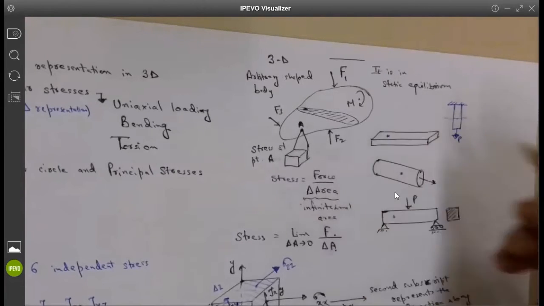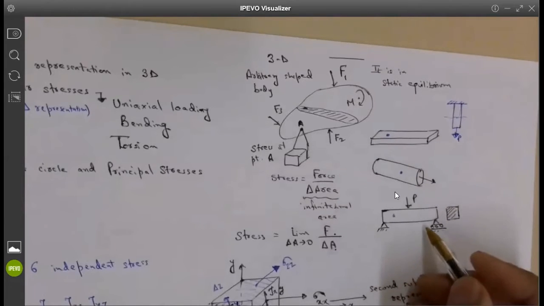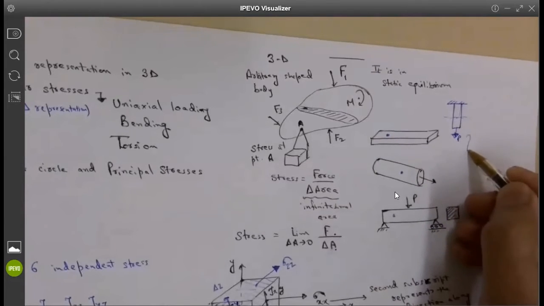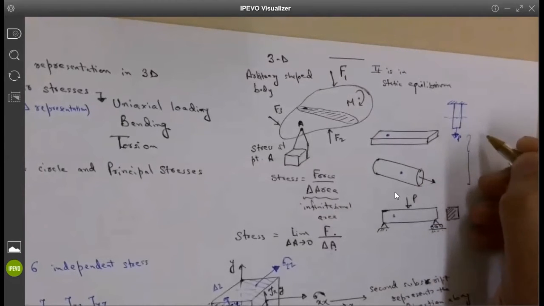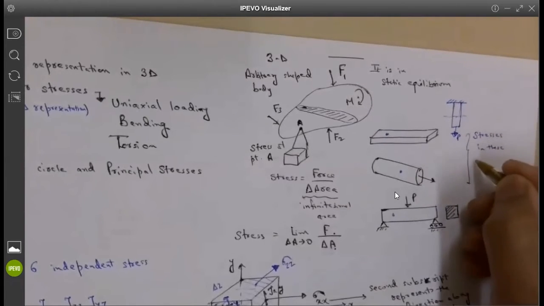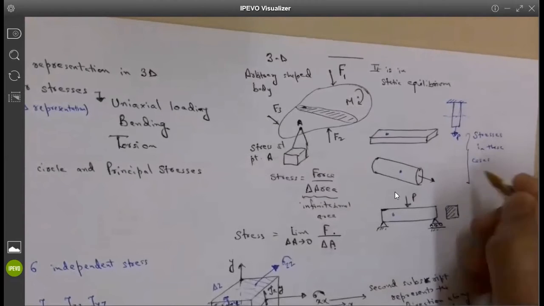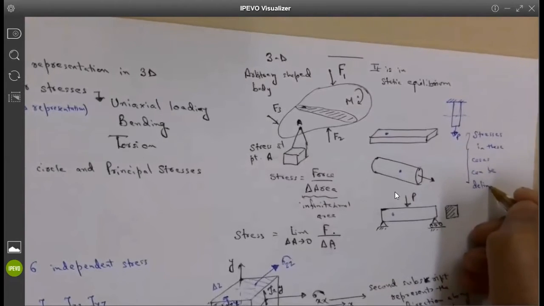Whether it is a simply supported beam like this, you will find that the stress representation is 2-dimensional. All of these examples can be explained, and all the stresses in these cases can be defined in a 2-dimensional representation.